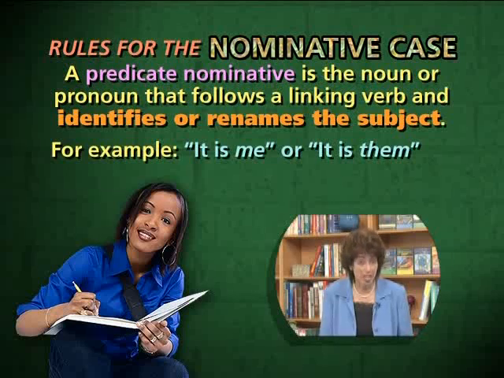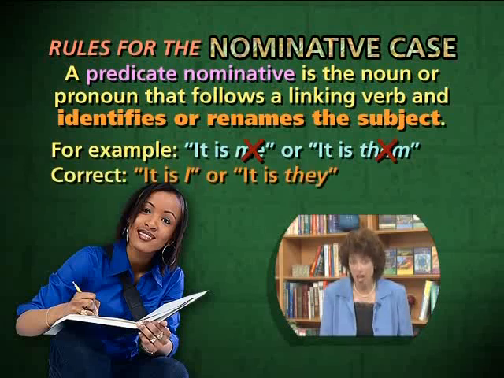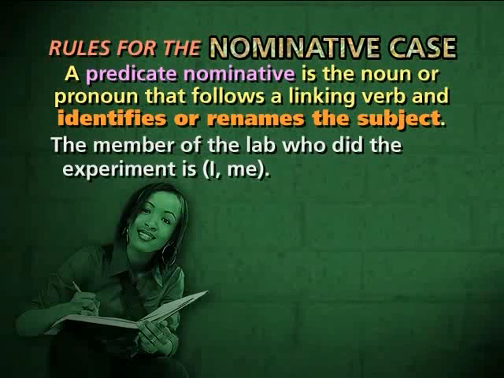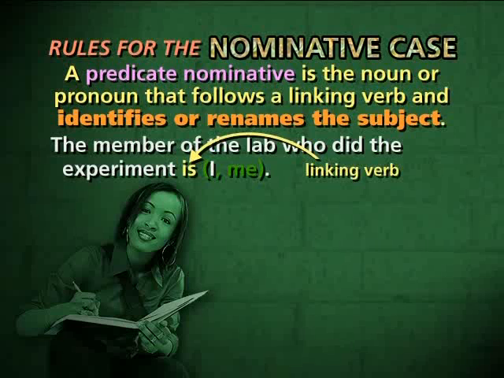We use the objective case, but the correct form is really the nominative case. We should say, it is I, or it is they. For example, the member of the lab who did the experiment is I. The linking verb there is, so it's the nominative I, not the objective me.